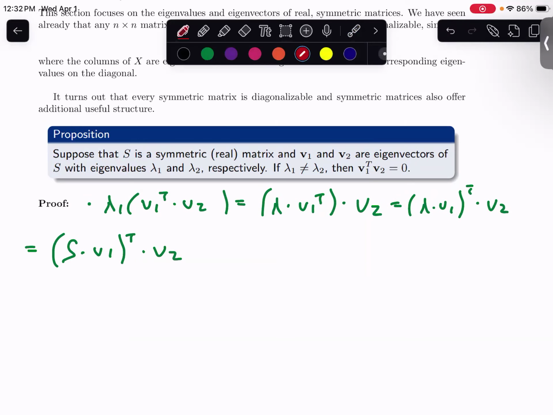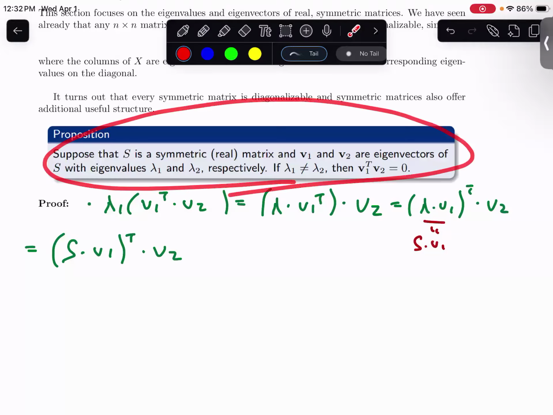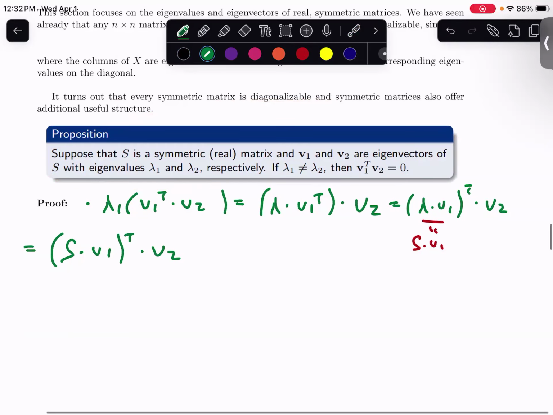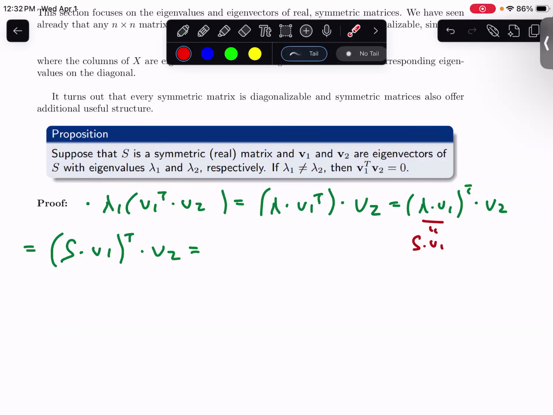Again, this is just the definition of eigenvalues and eigenvectors, from the assumptions we were making in the beginning. And so now when we distribute the transpose, it's going to look a little bit different. If you apply the transpose to matrix multiplication, you switch the order and you apply it to each term individually. So this is the same thing as V1 transposed times S transposed times V2.